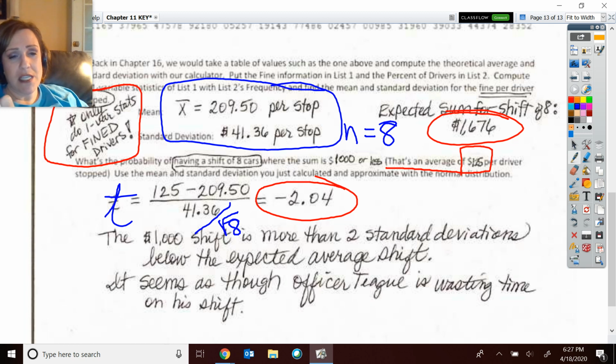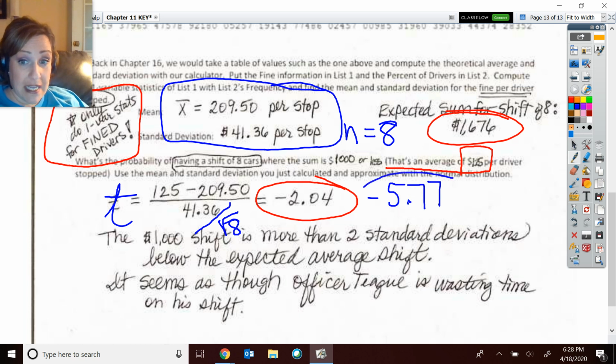In fact, if I computed that real quick, I would have gotten 125 minus 209.5, and then dividing it by 41.36 over the square root of 8, that is almost 6 standard deviations below the mean.